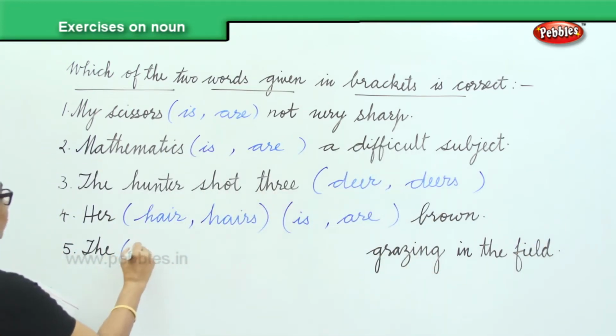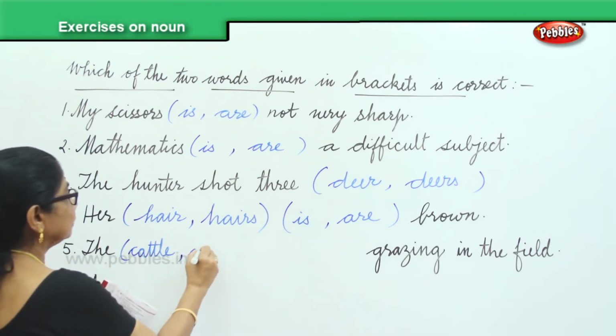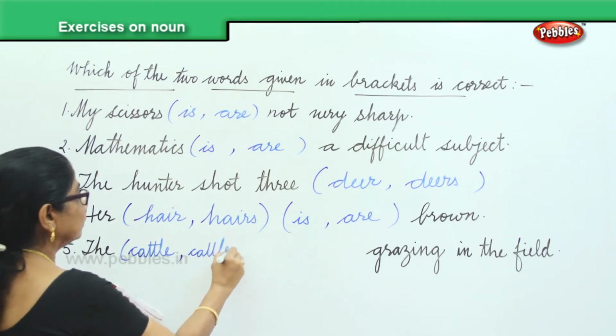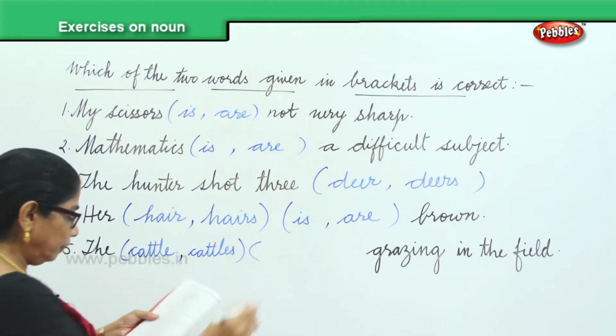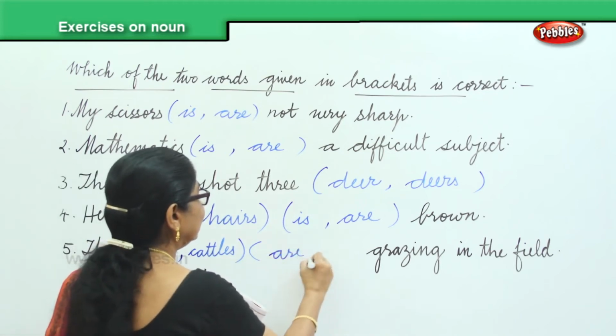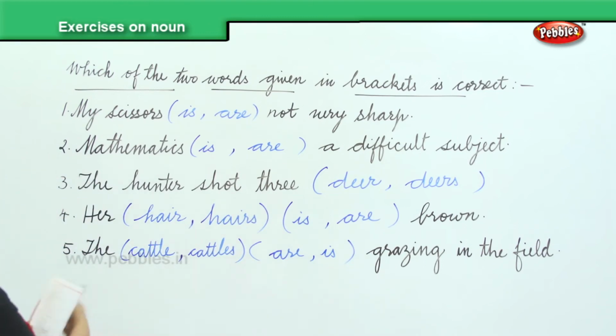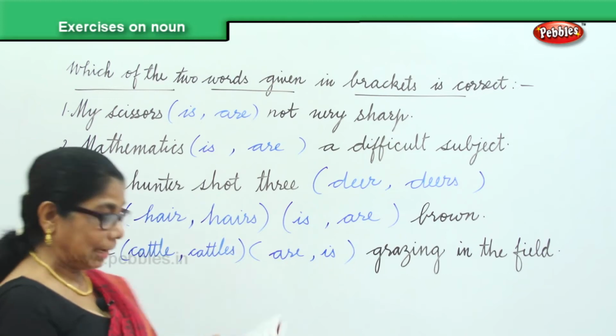Cattle, cattles, and then we have are and is. I give you one more and then we go on to do the correcting of the sentences.